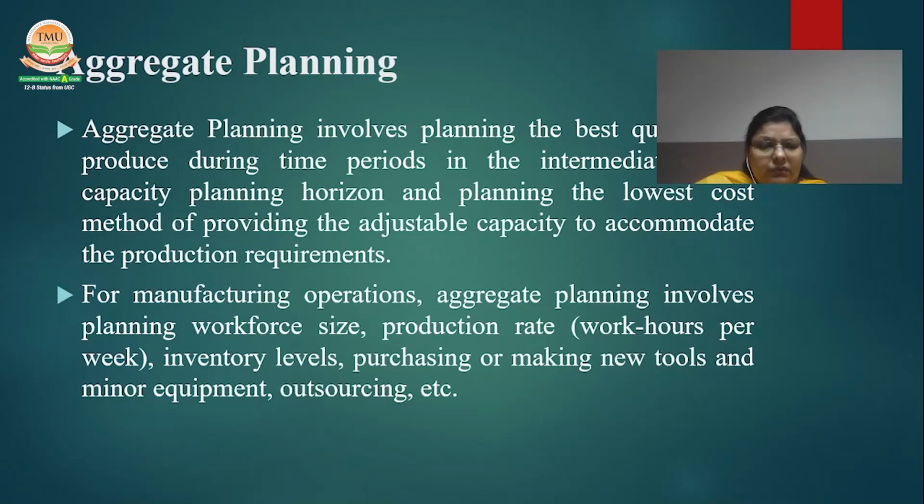Now, another important point is aggregate planning. What is aggregate planning? Let's read about it. Aggregate planning involves planning the best quantity to produce during a time period in the intermediate range capacity planning horizon, and planning the lowest cost methods for providing adjustable capacity to accommodate the production requirement.